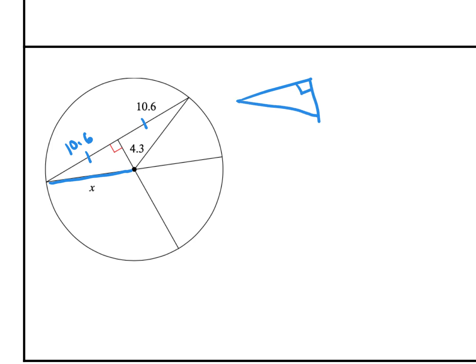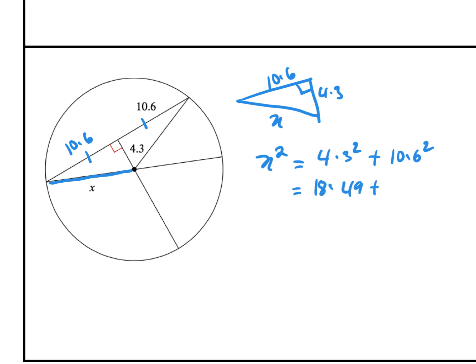This is 10.6, this is 4.3, and this is your x. So what I can do now is say x squared is equal to 4.3 squared plus your 10.6 squared.